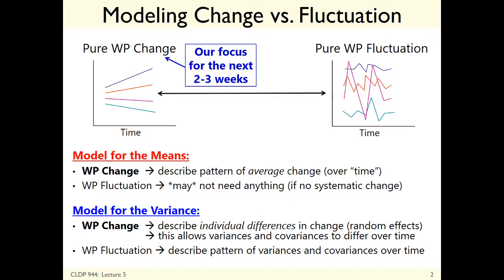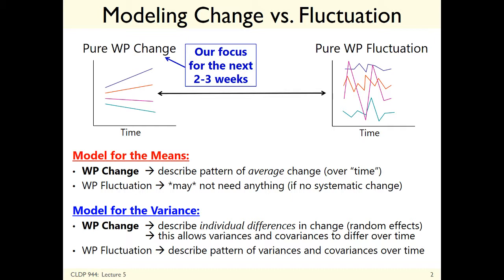They induce non-constant variance and covariance, and they do so in a substantively meaningful way. They allow us to express which aspects of change show individual differences. Does everybody have the same slope, or do people need their own slopes? Does everyone decelerate at the same rate, or do people slow down in their rates of change differently? Those are the kinds of questions that we then put into the model for the variance.